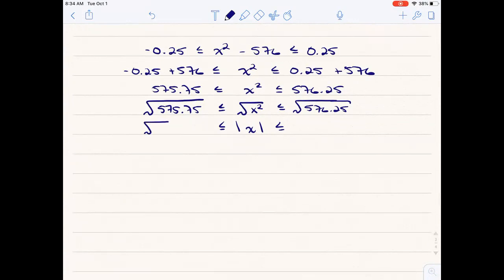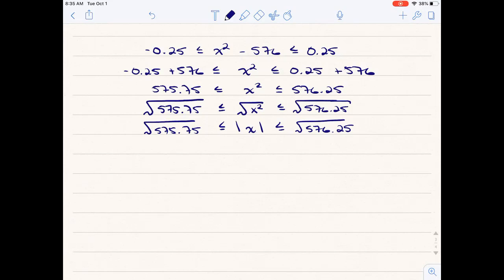And we get the square root of 575.75, so nothing changes on the sides here, and the square root of 576.25. We know that x is going to be a positive value, right?